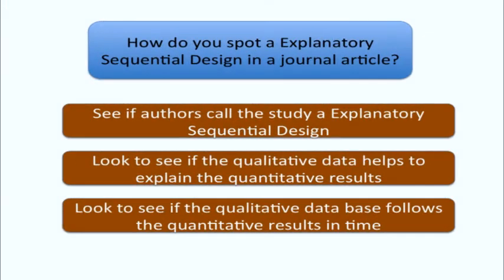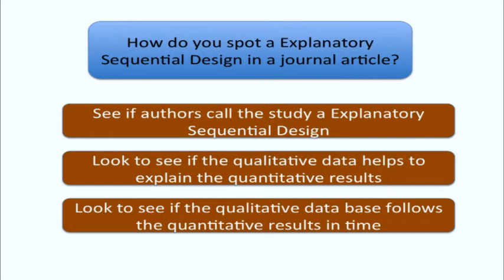How do you spot one of these designs in a journal article? Well, of course, the first point is you see if the authors called it an explanatory sequential design, assuming that they're familiar with some of these aspects of this design we've talked about. But I would look to see if there's qualitative data that actually is tied to the quantitative results.